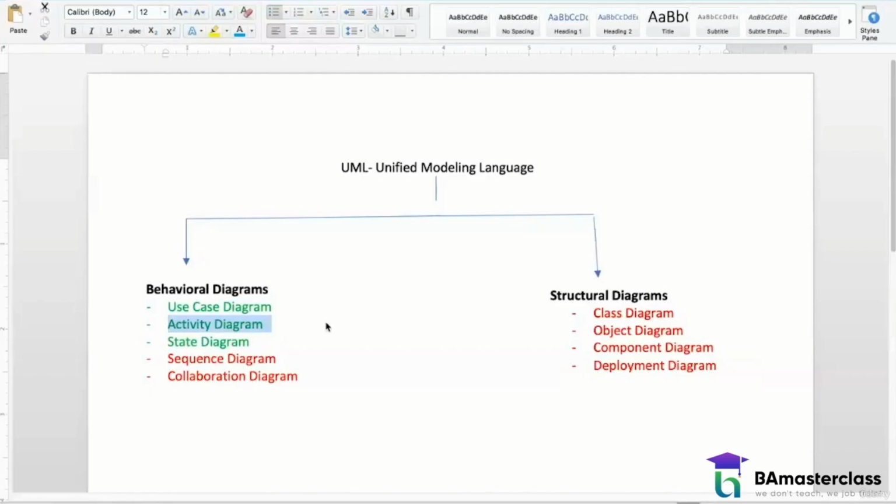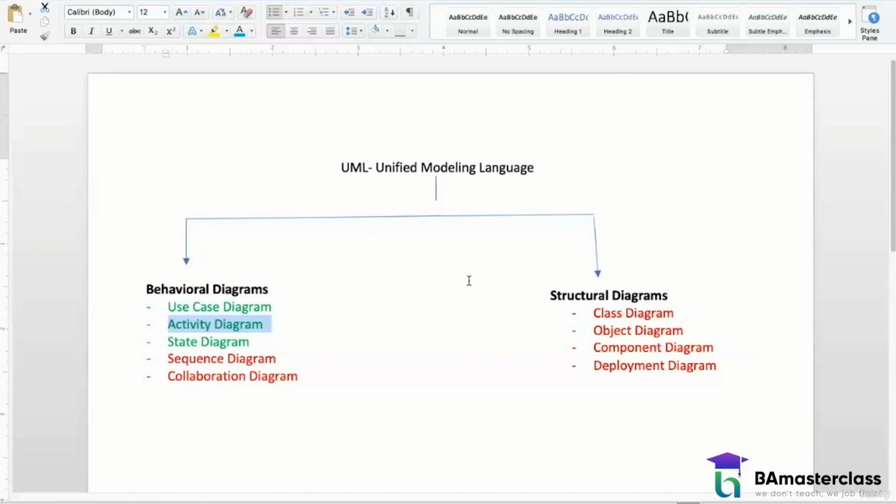So let's write down the definition of an activity diagram. The definition is: an activity diagram is used to show a business process workflow.